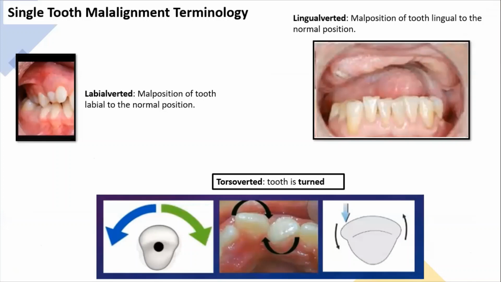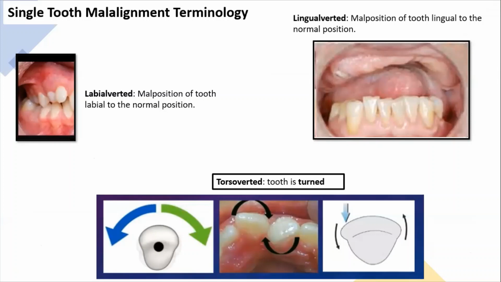So single tooth malalignment terminology, this is kind of important because you need to understand these terms in malocclusion when you're just specifically talking about teeth. So labioverted is a malposition of the tooth when it's labial to its normal position.